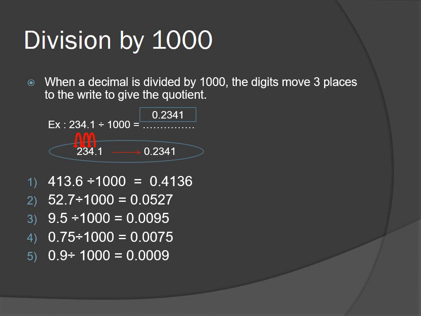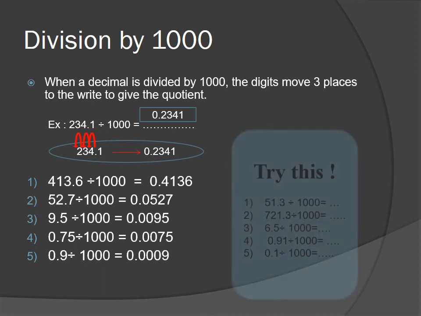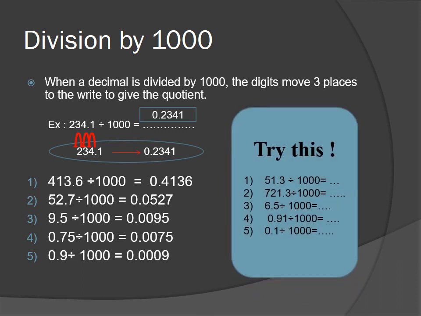If you divide 0.9 by 1000, you can get the answer as 0.0009. Again, I mentioned 5 questions. Here you can try to get the answers for these 5 questions using this method.